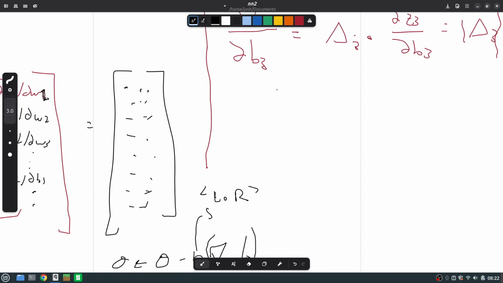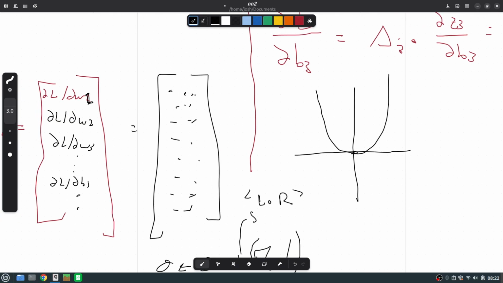Okay, and so how gradient descent works: if you imagine we had a parabola like this, and suppose that one of these gradients that we computed was like here. What that's giving you is the direction of steepest ascent. But we want to minimize our loss. We want to converge towards the lowest point on this graph.